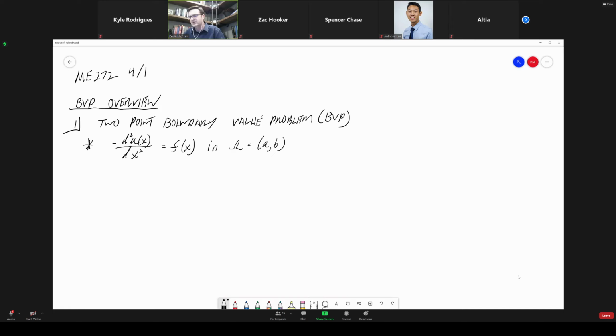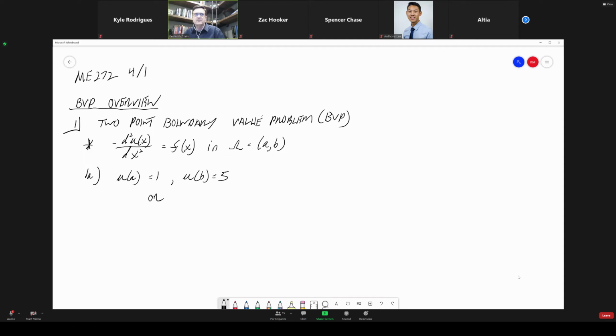And then we have boundary conditions. U of A, that is our displacement at A, is equal to 1, and I'm just making stuff up. And our displacement at B is equal to 5.